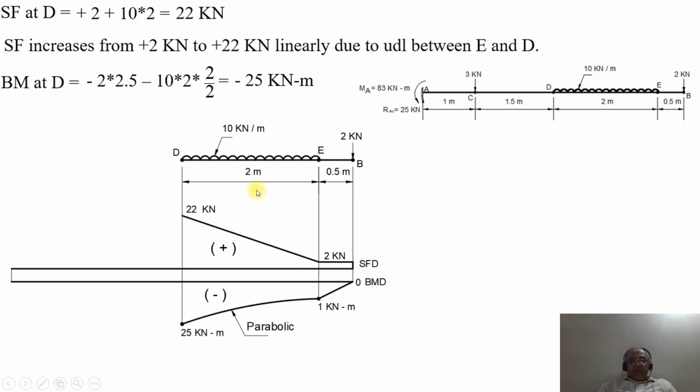So from this point, you have the BM at the point D. As you have the uniformly distributed load from E to D, since the power of X is 2, from minus 1 kilonewton meter you are plotting it to minus 25 kilonewton meter. As the distance is more, and since the power of X is 2, you will get a parabolic curve between the two points, joining minus 1 kilonewton meter to minus 25 kilonewton meter.